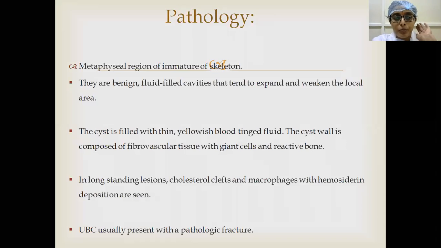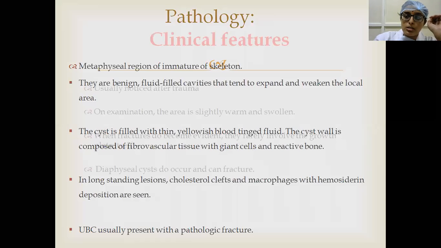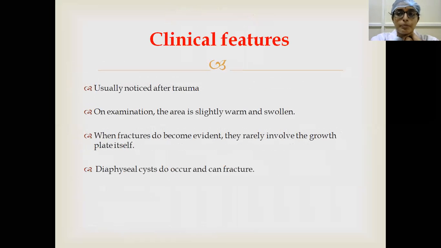And in long-standing cases, cholesterol clefts and macrophages with hemosiderin deposition are seen. UBC usually presents with a pathological fracture. Usually it is noticed after trauma, and on examination there will be slight warmth and swelling. When the fractures become evident, they rarely involve the growth plate itself. Sometimes diaphyseal cysts also can occur.